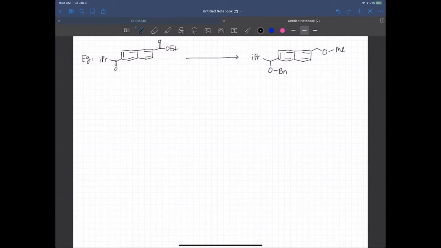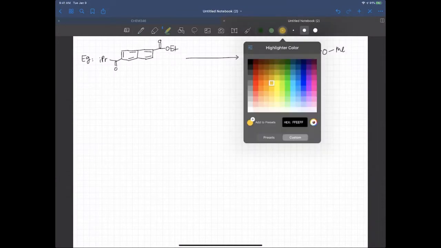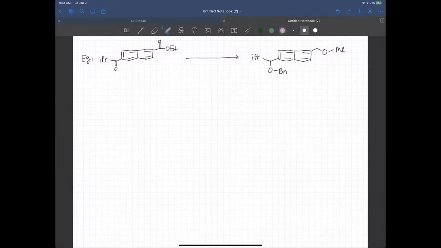Okay, so I am attaching a benzyl group on this side of the molecule, right? I have a benzyl group here, and I have a methyl group here. See? So in this case right here, what do you think we should be adding first? Should we be adding the benzyl first, or should we be adding the methyl first?